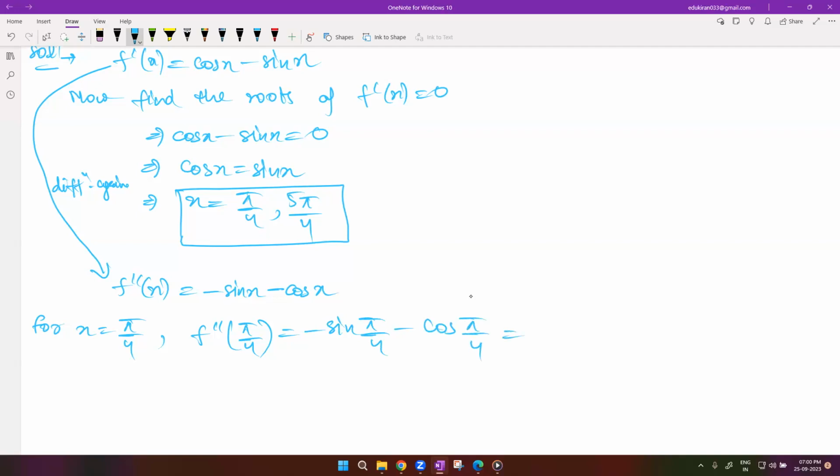Now, what's this value? Minus sine 45 degree, minus 1 by root 2, and this is again the same. So this becomes minus 2 by root 2, which is minus root 2. Negative, less than 0. That means x equal to pi by 4 is a point of local maxima.